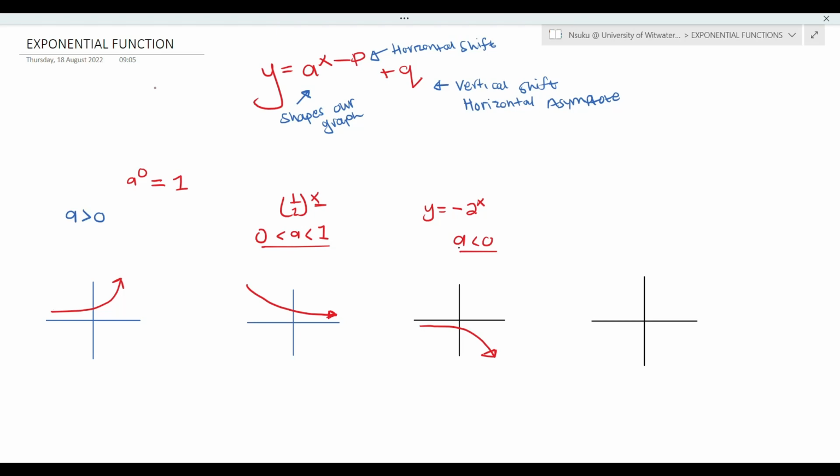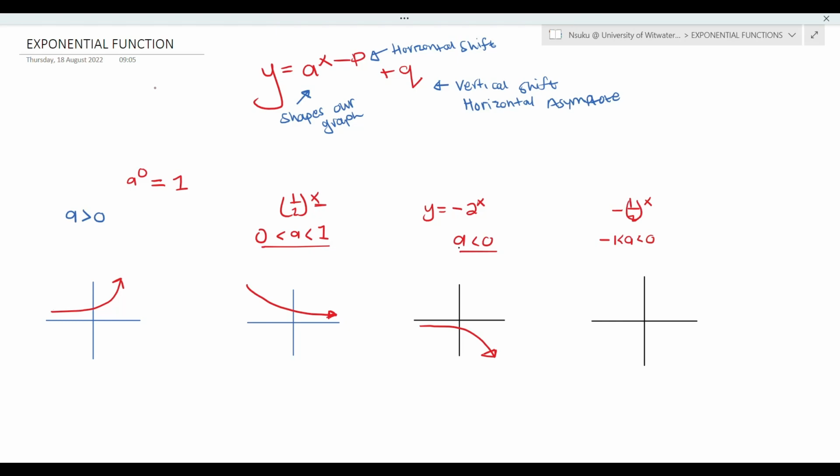So the last one says if a is greater than negative 1 but less than 0. In this case, a is a negative fraction. So it would be negative half to the power of x.